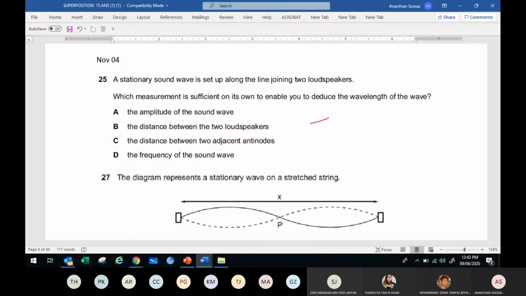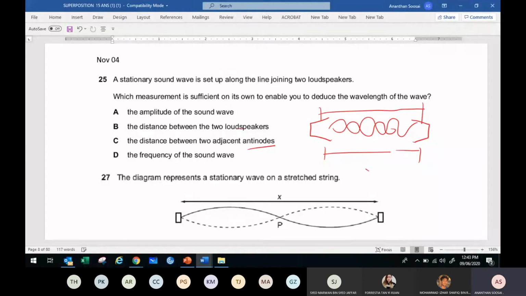Okay, the distance between two loudspeakers, we don't know. You find the distance of the two loudspeakers, but we're not sure how many loops it forms in between. So I think it's pointless to find the distance between two loudspeakers. But if you know the distance between two adjacent antinodes, we definitely know it's half wavelength.